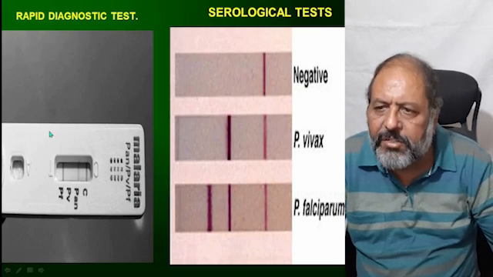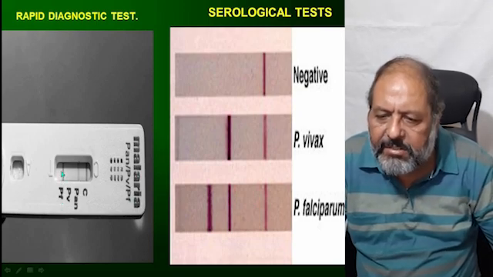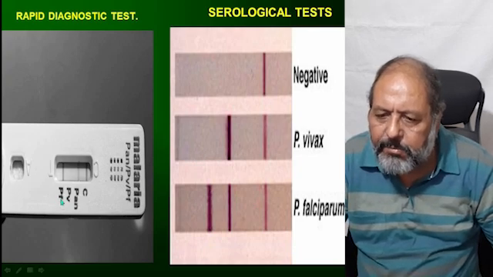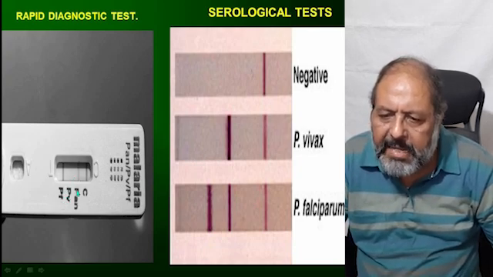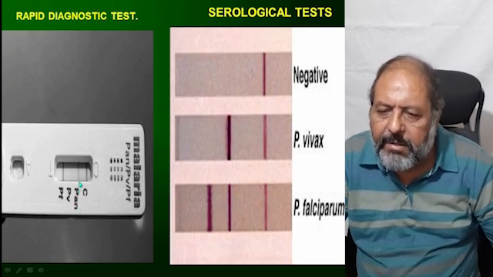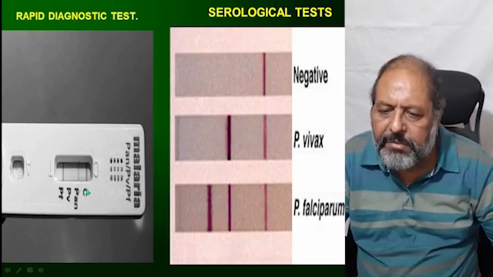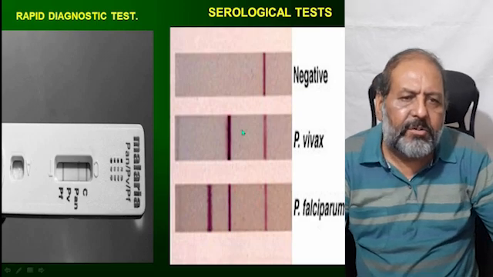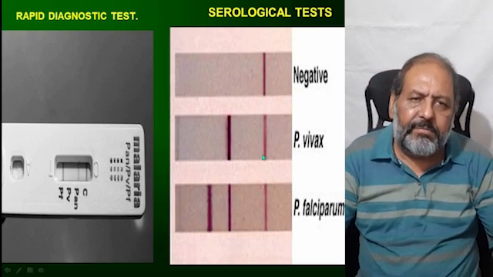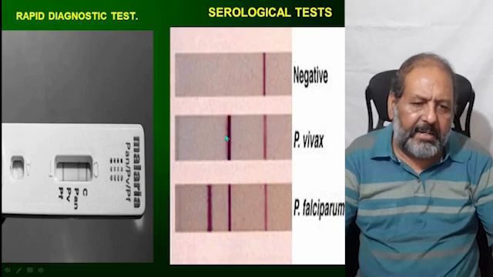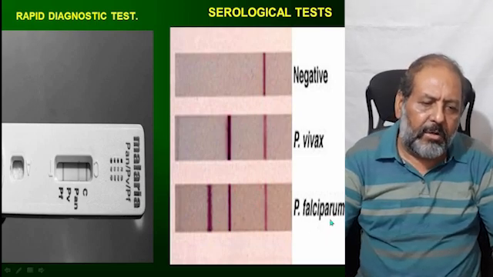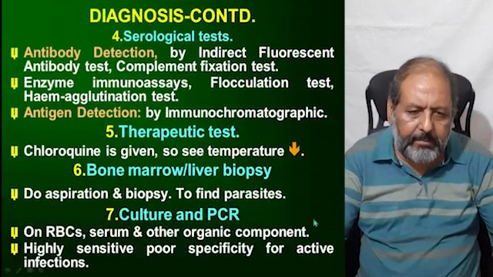Here one can see the rapid diagnostic test, that is one can see the line that indicates Plasmodium falciparum and no line for Plasmodium vivax, and there is pan for all if they are present, and that is the control line. And among the serological tests, it is negative if one line is there, and that is for Plasmodium vivax, and the 2 lines are for Plasmodium falciparum.